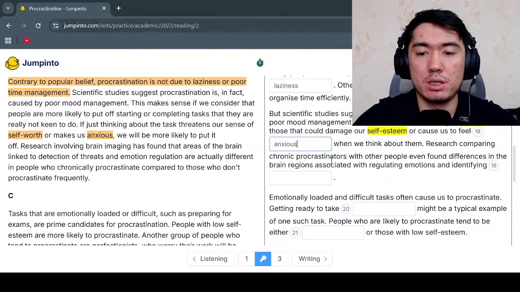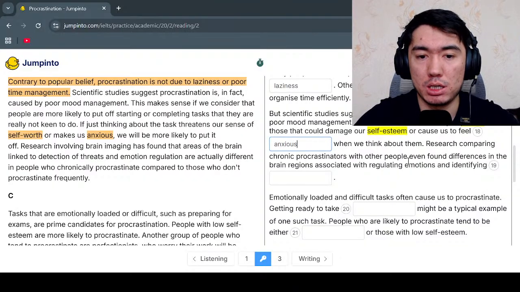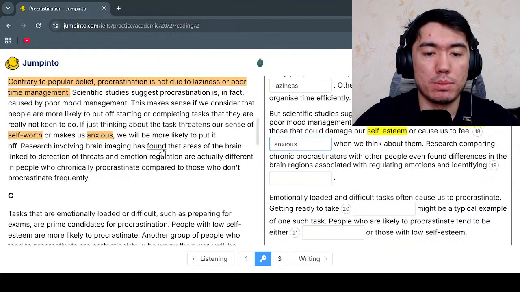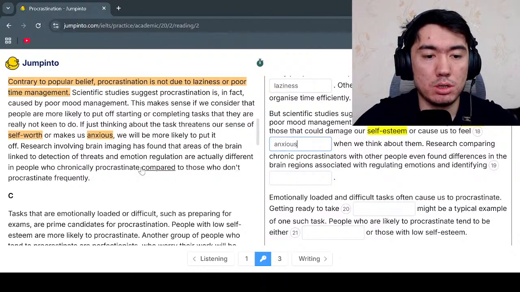Comparing chronic procrastinators with other people even found differences in the brain regions associated with regulating emotions and identifying. Okay, so research: chronic procrastinators are equally different in people who chronically procrastinate compared to those who don't procrastinate frequently.